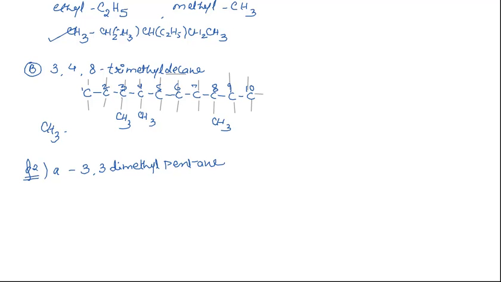So what is the root word here, students? It is pent. It means how many carbon atoms? 5. So it would be 1, 2, 3, 4 and 5. Ane: what type of bond is there? Single. Now let's start counting: 1, 2, 3, 4 and 5.